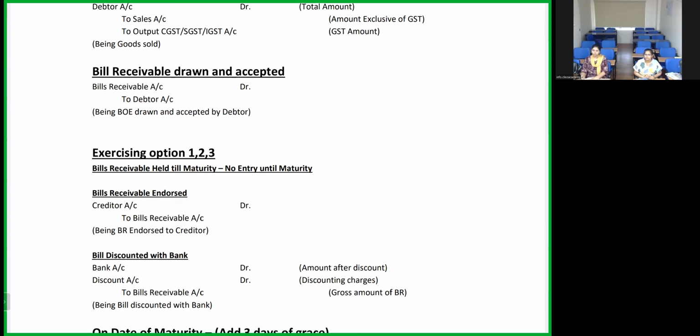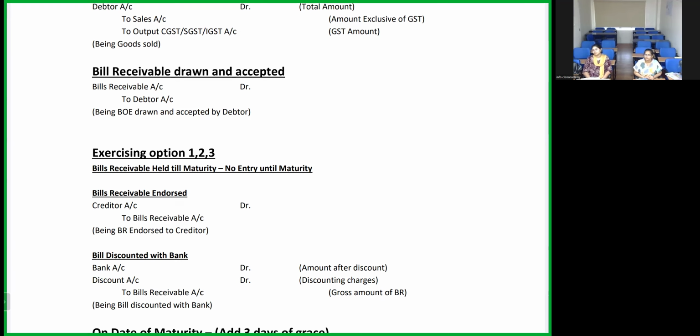Second option, if I'm endorsing it, what I'm supposed to do? My bills receivable, I've endorsed it to my creditor. I should make the payment to the creditor, right?